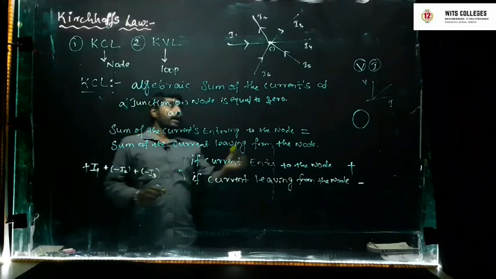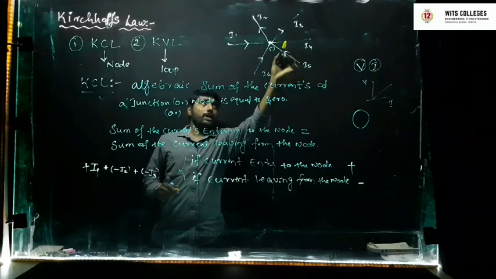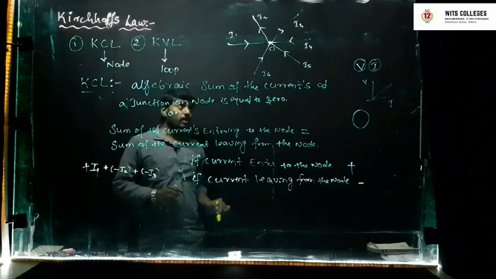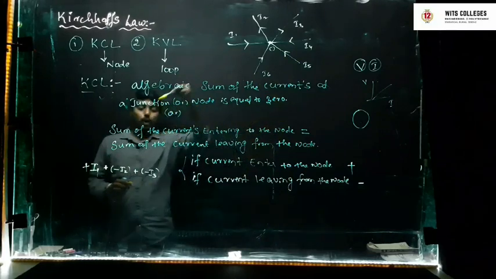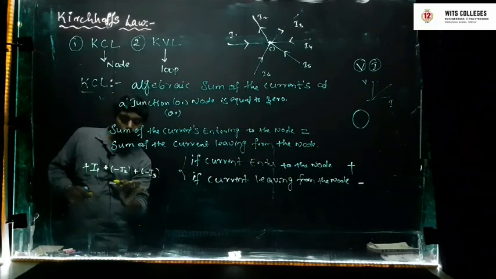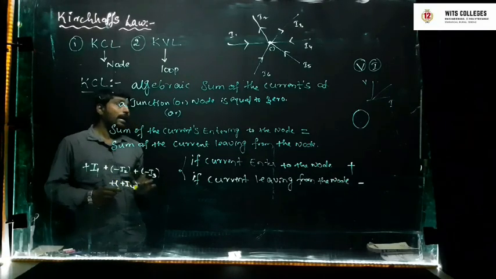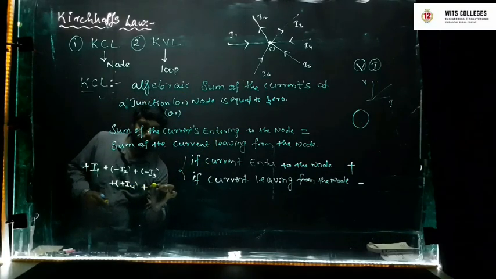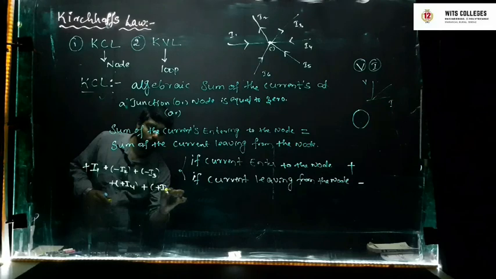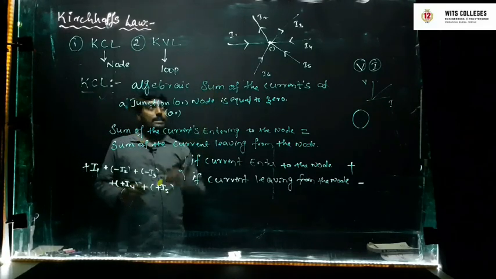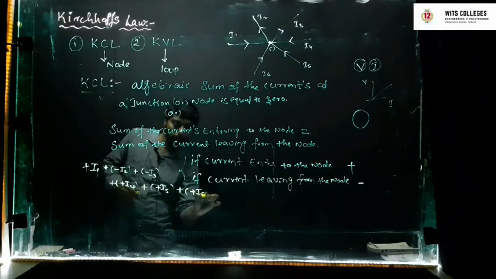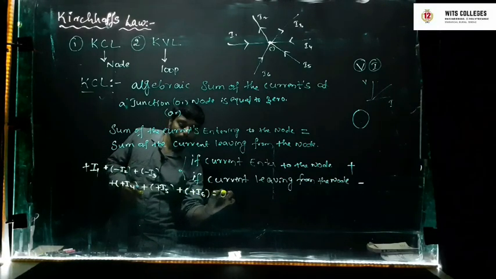I3. Here the I4, sorry, here I4 indication was not given. Let's assume I4. So I4 is entering to the node, so we write plus I4. Next, I5 is also entering to the node, plus I5. Next one, I6 is also entering to the node.